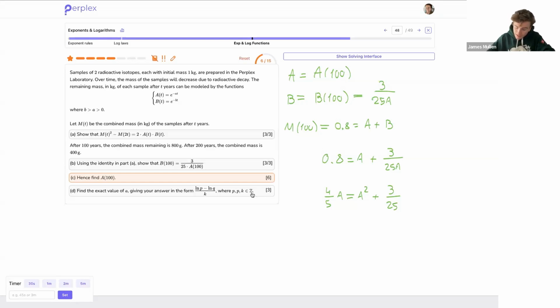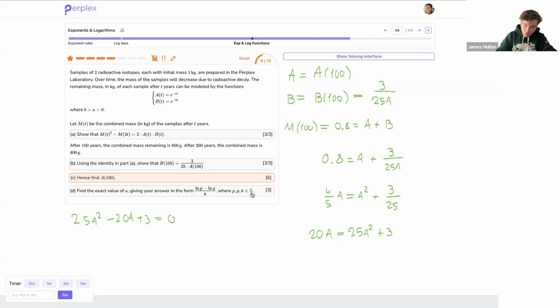I get 4 over 5 times 25, which is 20a, equal to 25a squared plus 3. Rearranging everything, I get 25a squared minus 20a plus 3 is equal to 0.